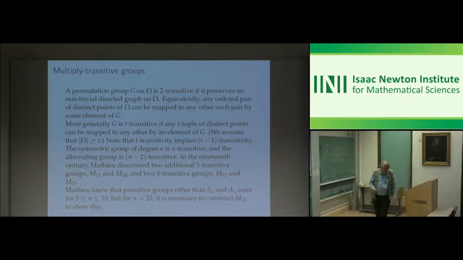so one thing that Mathieu knew is that primitive groups other than Sn and An, there are none for n less than or equal to 4, that's too small, but for every n from 5 to 33, he was able to construct a primitive group other than Sn or An. But M22 and its automorphism group are the only ones at degree 22, so he couldn't have done that without constructing his sporadic simple groups.